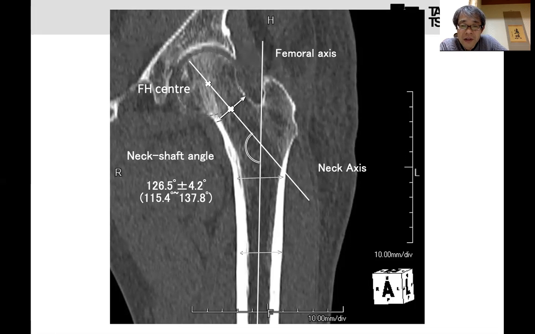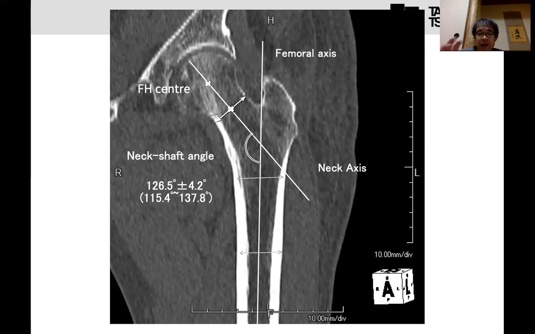And DHS as well. Originally, DHS is 135, 140, 145. But it was too steep for Japanese patients. So currently, we can use a smaller angle nail or plate. But my DSCS, dry screw, still has 135.